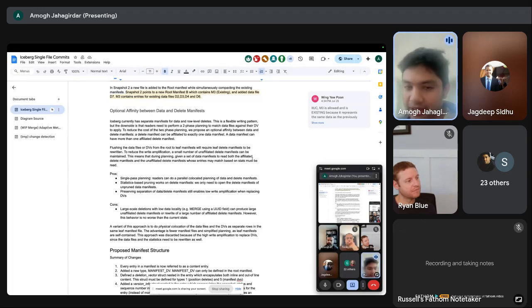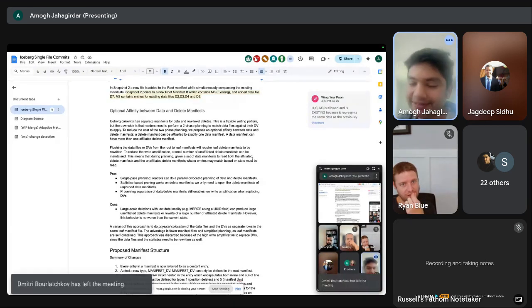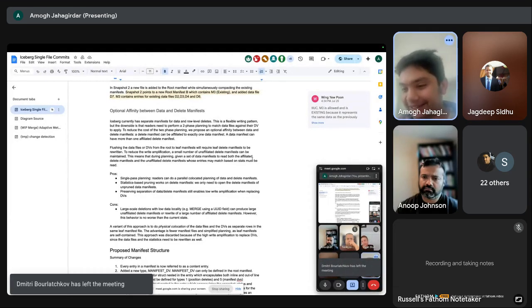The key here is that we're proposing an optional affinity. Technically, writers still have the flexibility to produce unaffiliated delete manifests, and if those are produced, they also have to be reconciled at read time. But the general idea is that the set of unaffiliated delete manifests would be small.